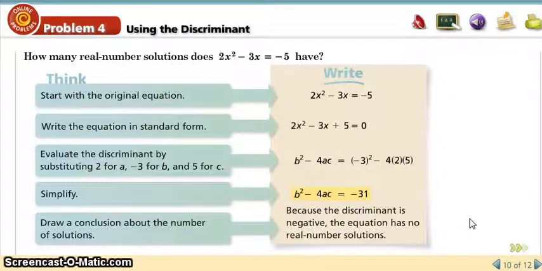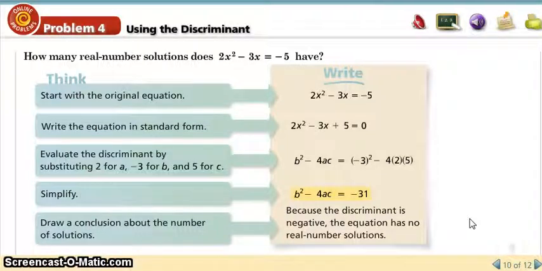You cannot take the square root of a negative number and get a real number solution. So if your discriminant is negative, which is -31, then you're not going to have any real solutions. So you need to jot this down.